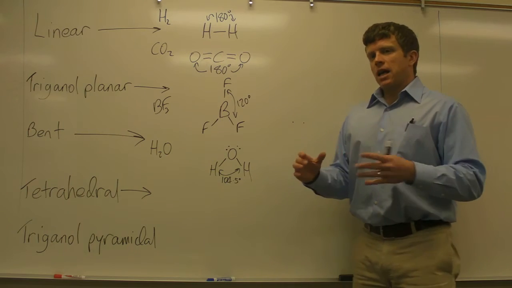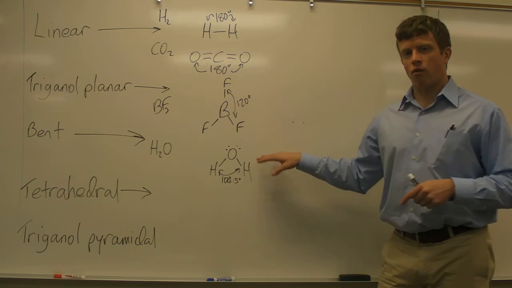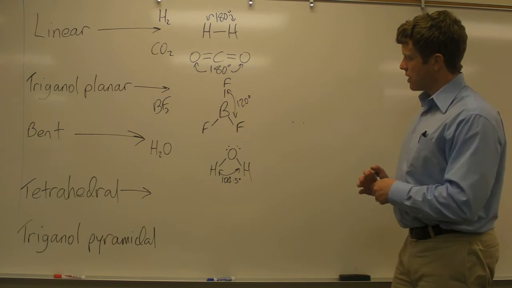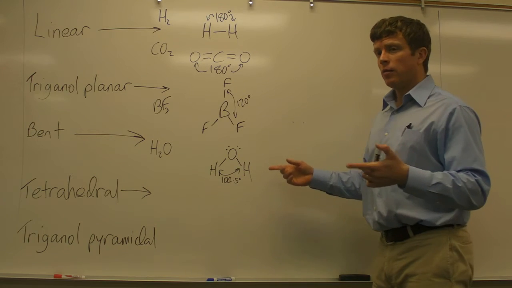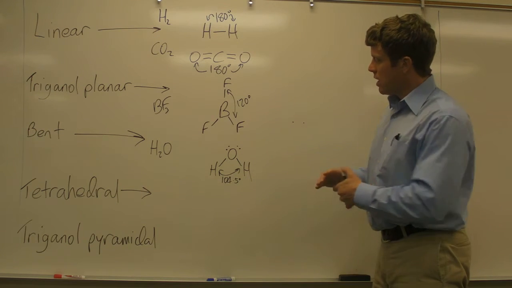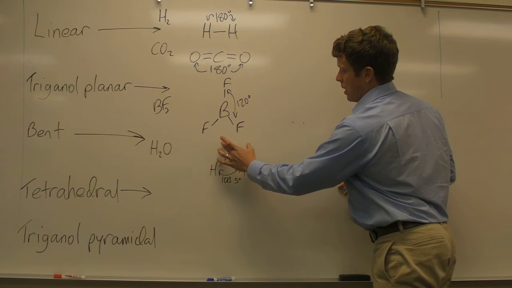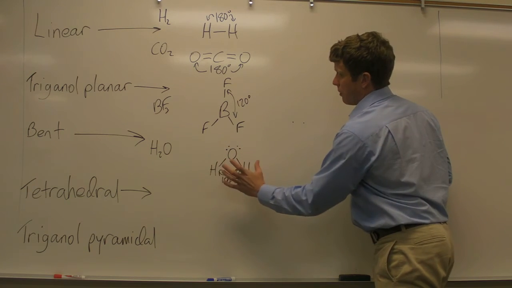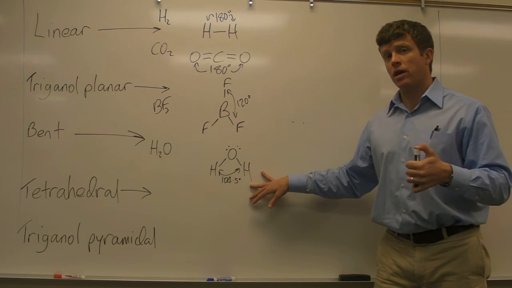I also mentioned yesterday why this shape takes place rather than any other, and the answer is that you know this is a polar molecule based on the electronegativity values. This amount of repulsion with the lone pair and the lone pair, and then the bonded pair and the bonded pair, means that this is the most stable arrangement.